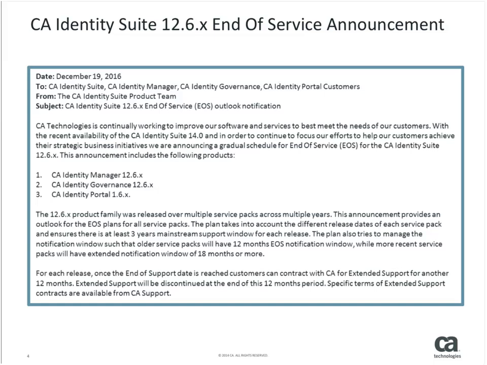So Identity Manager anywhere between 12.6.1 to 12.6.8, Identity Governance between 12.6.1 and 12.6.5, and Identity Portal 1.6.0, 1.6.1, and 1.6.2. And the reason we did that is because we wanted to make sure that a customer who implements the solution, and we understand the implementation might take a lot of time and effort, also has a good understanding of how long they can use the product in its current version before they will need to start thinking about an upgrade process.